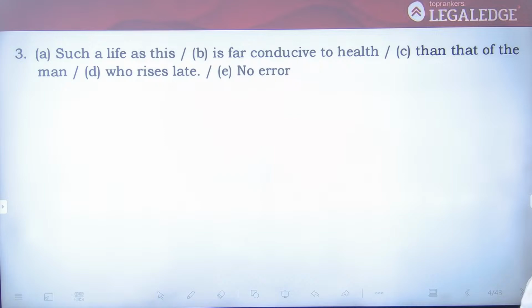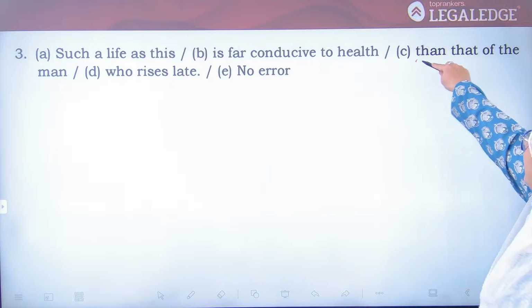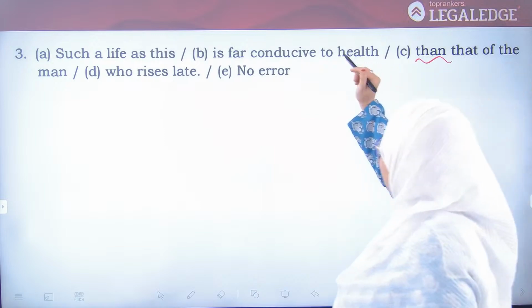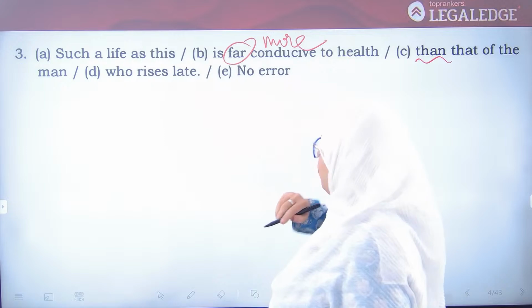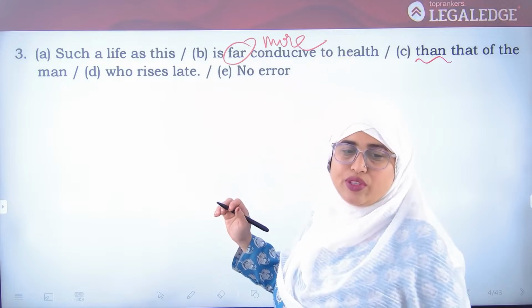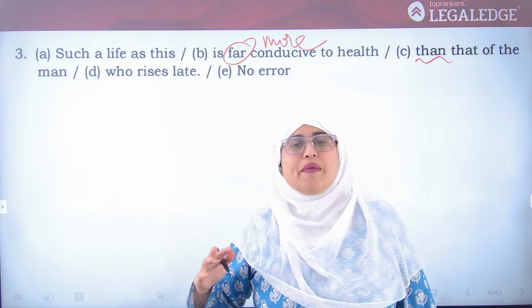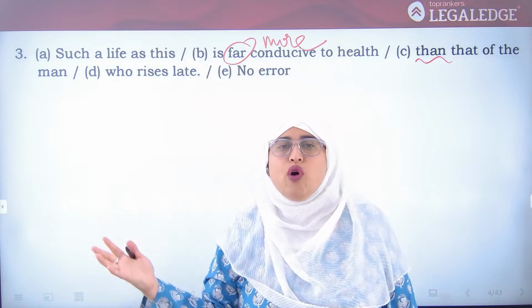All right. Such a life as this is far conducive to humor, far conducive to health than that of. Now here, see, "than" is given. So for correct comparison, it has to be more conducive. Whenever we use comparison, we use a word like more.